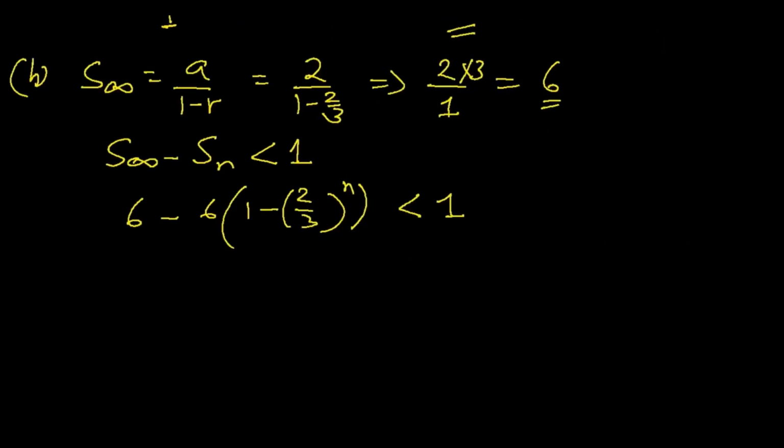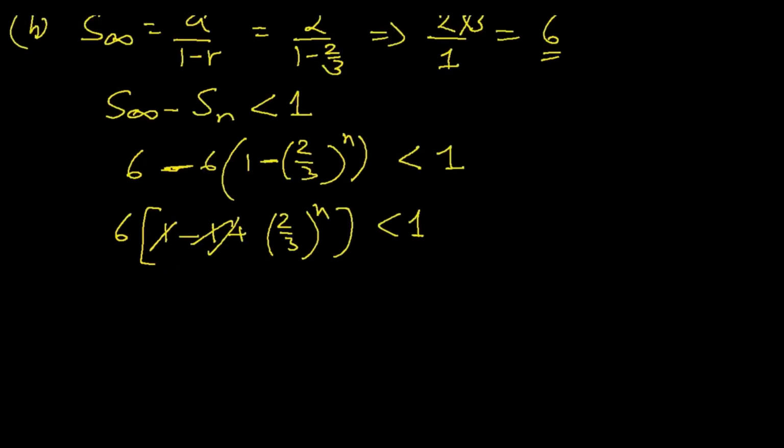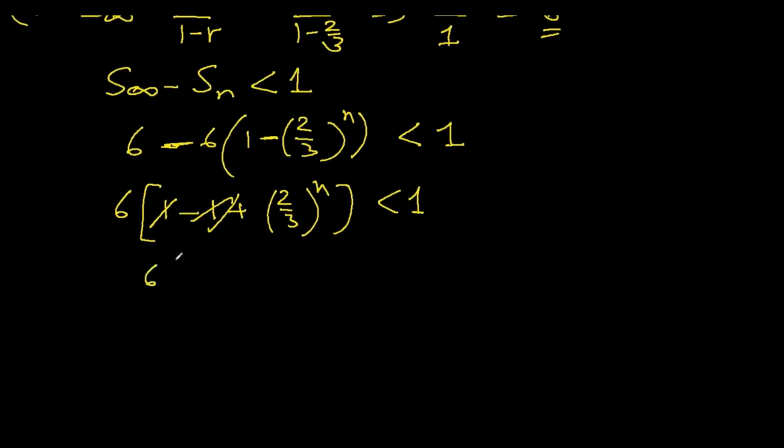Okay, so 6 taken common from both, we are left with 1 minus 1 plus. This minus will make this minus positive. 2/3 to the power n less than 1. 1 and 1 cancel out. So we are left with 6 times 2/3 to the power n less than 1.